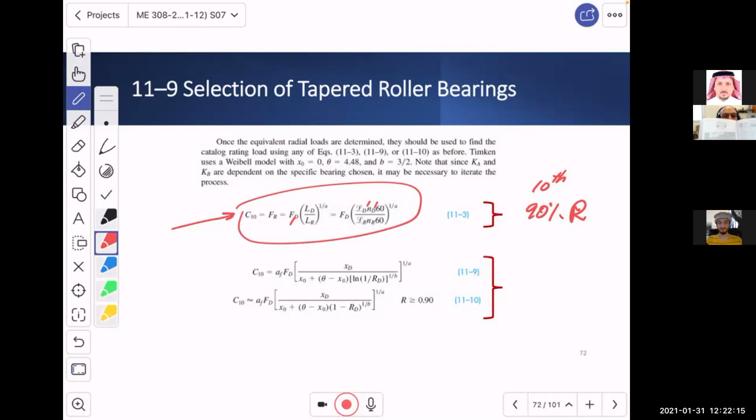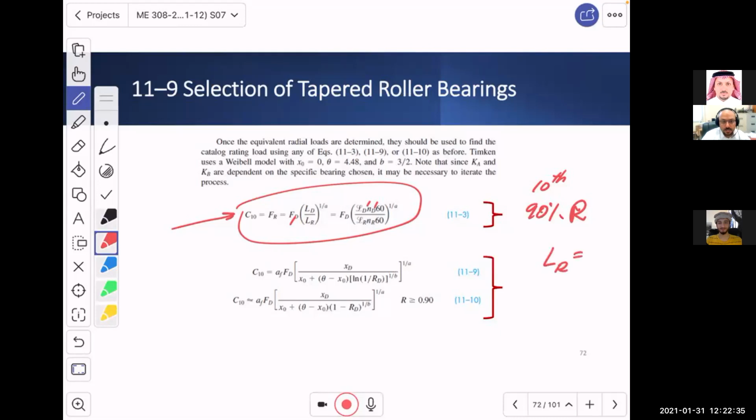I should remind you that in the book, the table provided for tapered roller bearing in figure 11-15 is for Timken. And if you remember long ago, we said that the L rated for Timken is what?